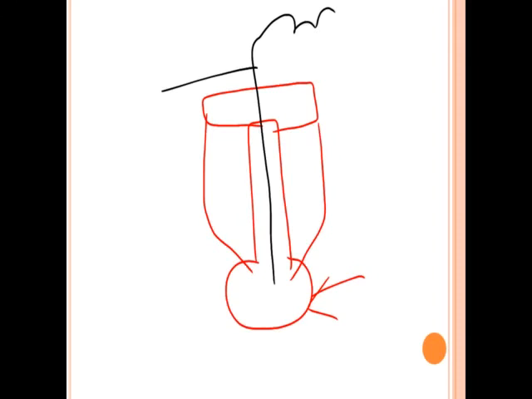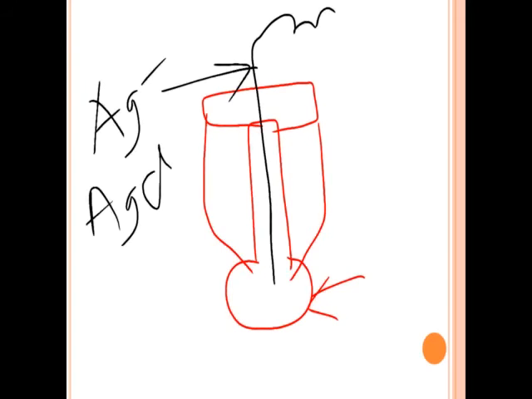This indicator is AgCl, so it is the indicator electrode. Then another reference electrode is also present in the same structure of the glass electrode. This reference electrode is also an AgCl electrode, and it also goes to the voltmeter for measuring voltage.